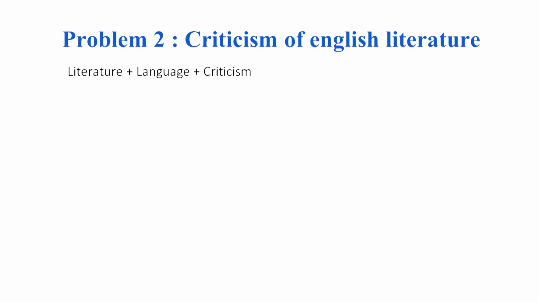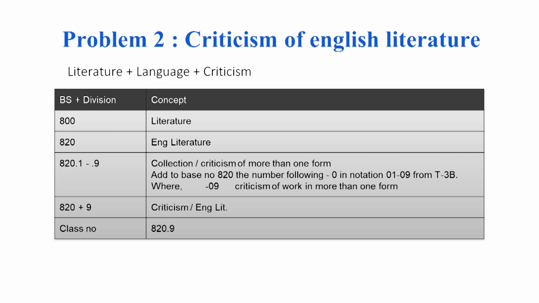Basic subject and division will be kept in one column and the concept appearing for the corresponding notation will be kept in another column. First 800 means literature, 820 means English literature, 820.1-.9 means collection and criticism of more than one form.